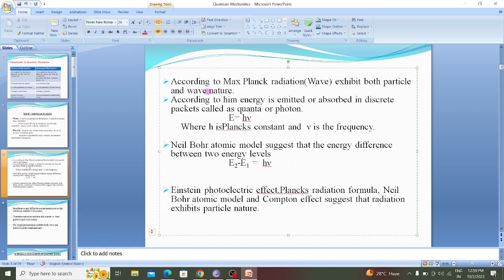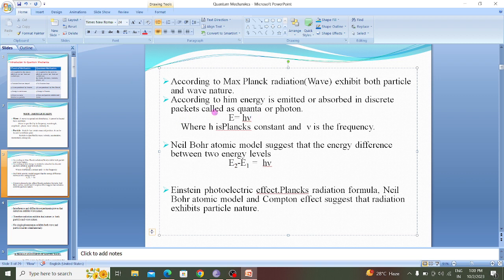According to Max Planck, energy is emitted or absorbed in discrete packets, which are called quanta or photons. The energy of a photon is given by E equals h nu, where h is Planck's constant and nu is frequency.